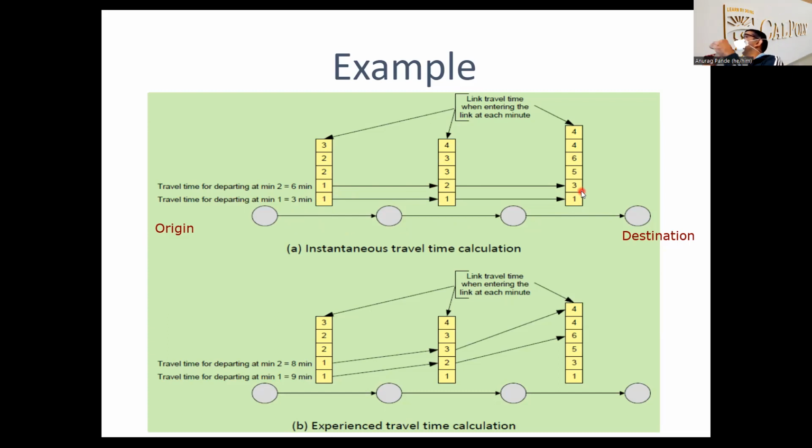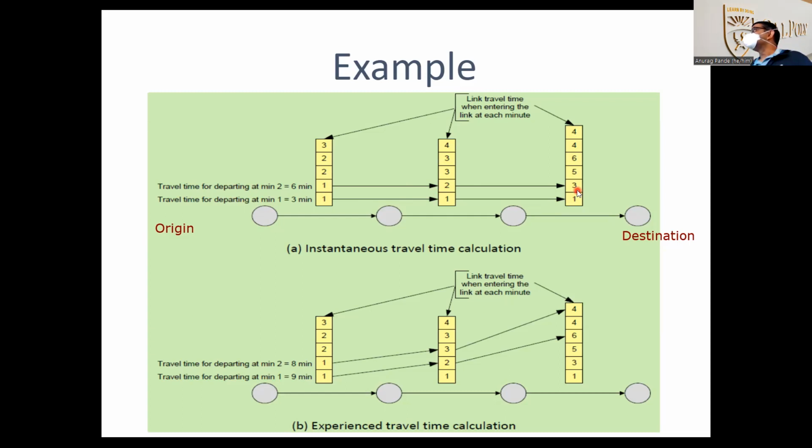So I make my decision at the time of departure based on what's going on at that departure time. One thing is that I'm not updating the travel time at these intermediate nodes at all. I'm just going by whatever the instantaneous travel time was when I left the origin. Based on that, I'm making the travel time decision.